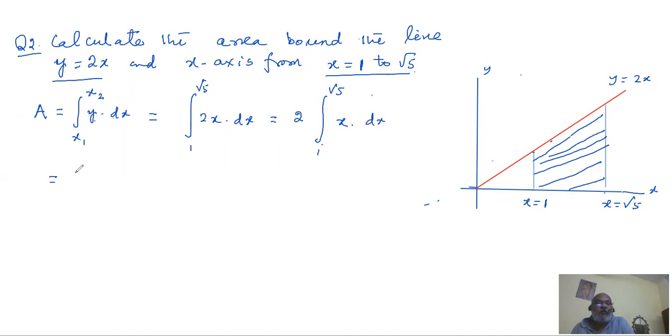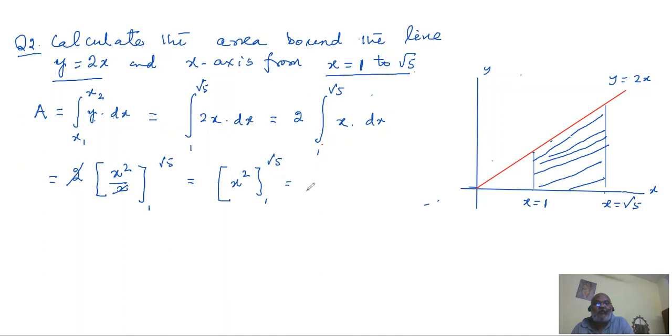That gives us 2 into x square by 2, with the limits still there, 1 to root 5. The 2 can be cancelled directly. So that becomes x square, with limits from 1 to root 5.